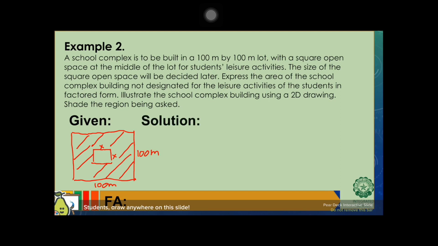For the solution, we are supposed to get first the area of the lot, the open lot, and the area of the open space. So for the area of the lot, since it's a square, we have s squared, then the side of the lot would be equal to 100, so that would be 100 squared.